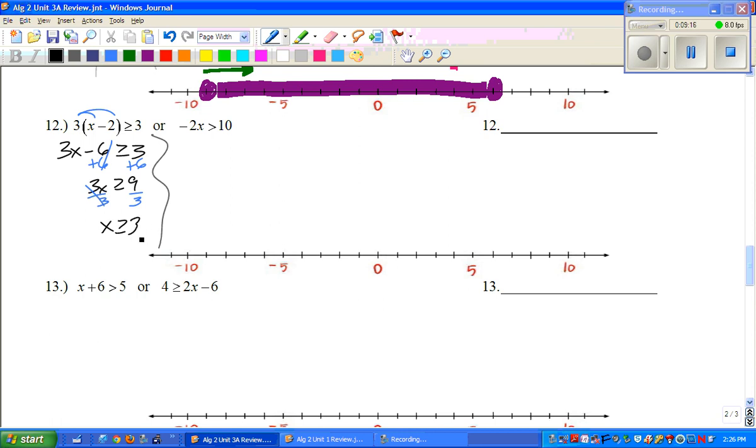So x is greater than or equal to 3. Let's actually make that look like a 3. Okay, on the other side, we have to divide by -2 to get the x by itself. We divided by a negative, so we have to flip that sign. Okay.